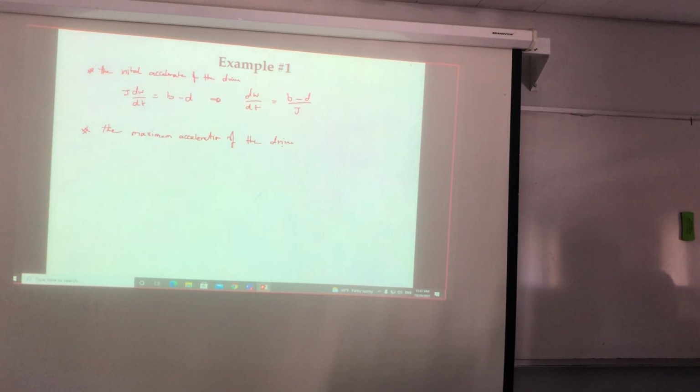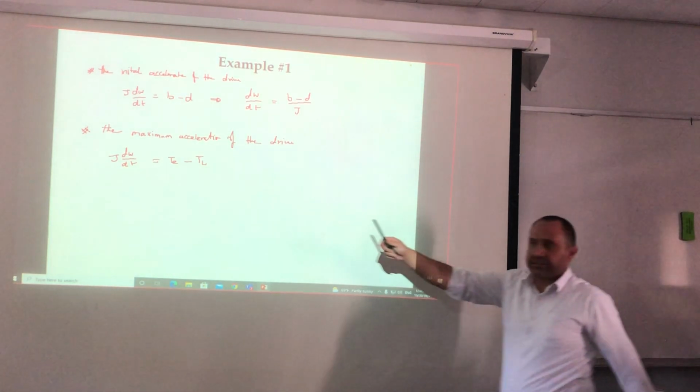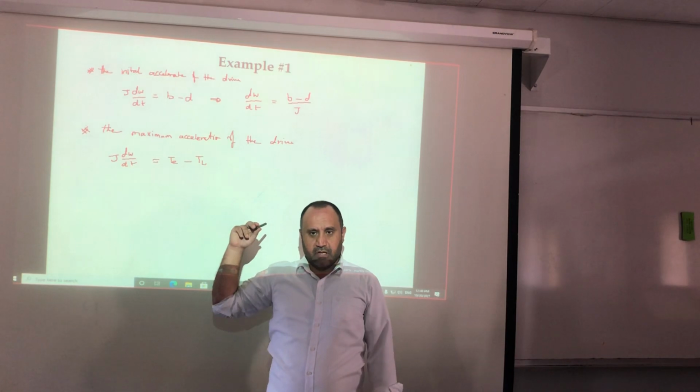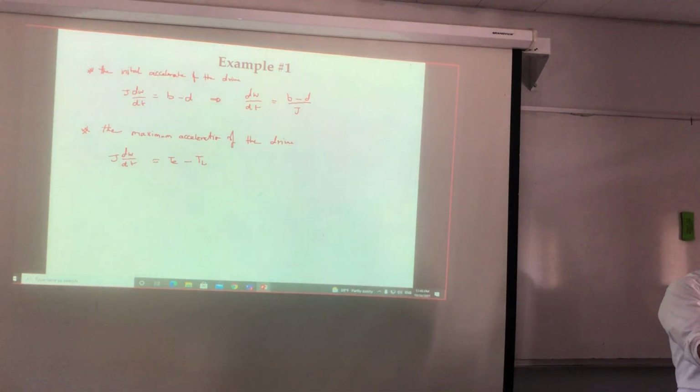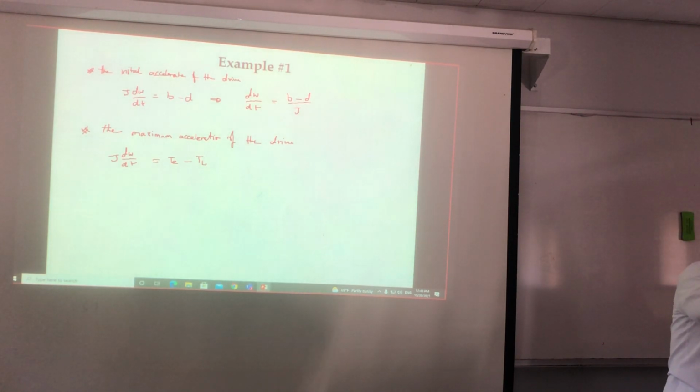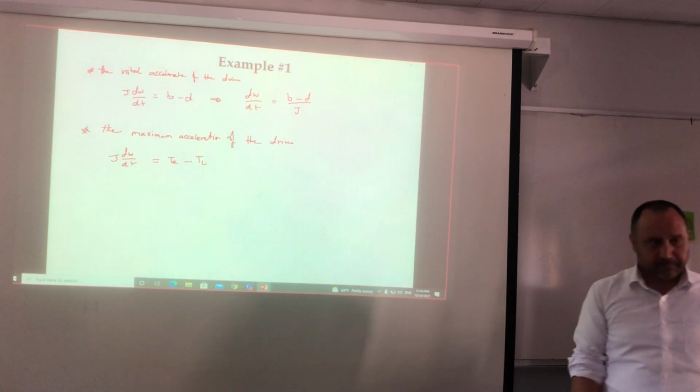I have the equation J d omega by dt, which equals TE minus TL. If I need to find the maximum acceleration, I need to differentiate this one and equal to 0. From here, I will find the omega point, which if I substitute in TE and TL, I will get the maximum.